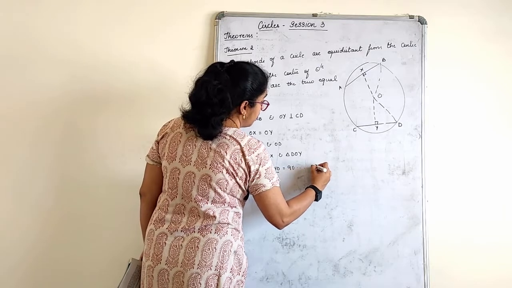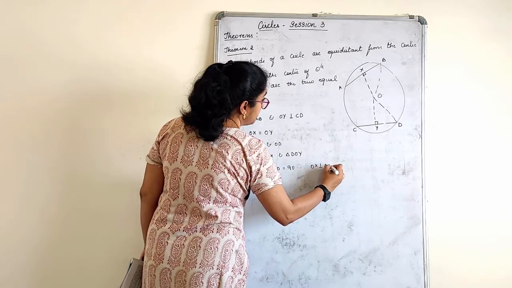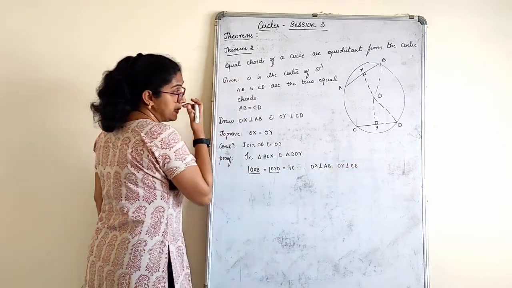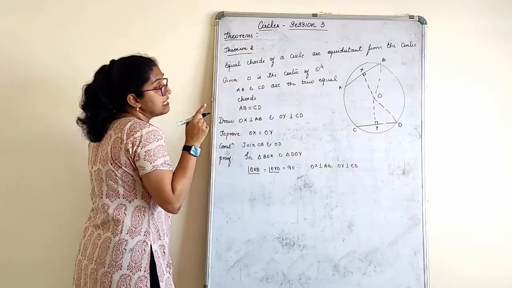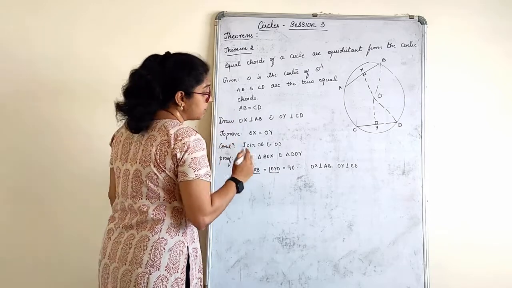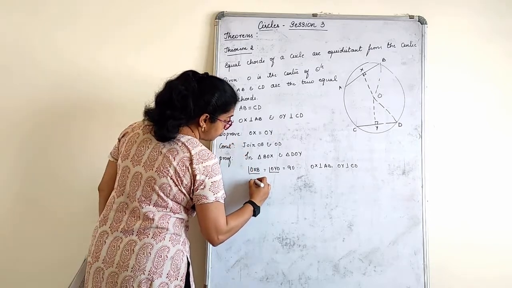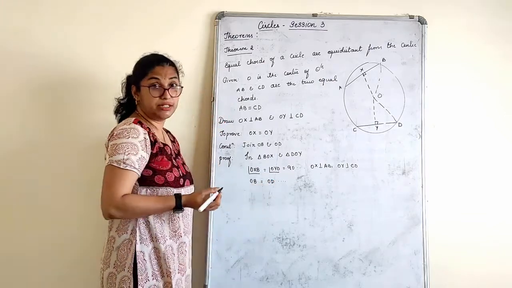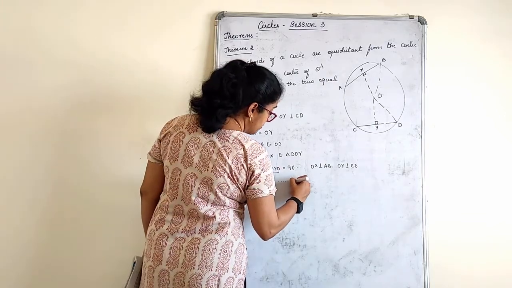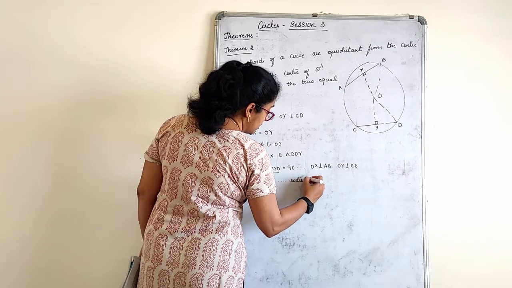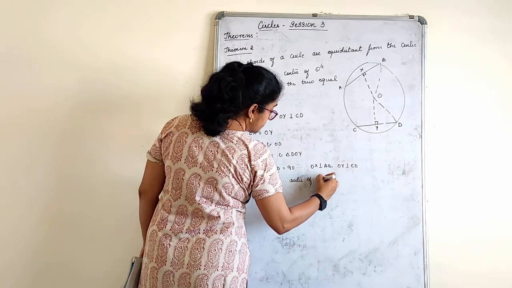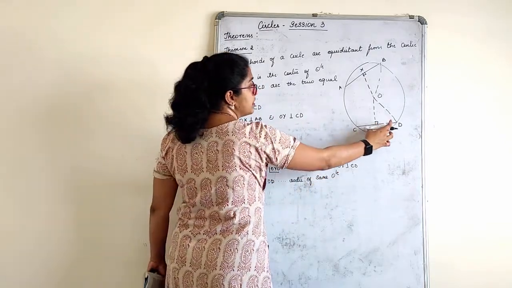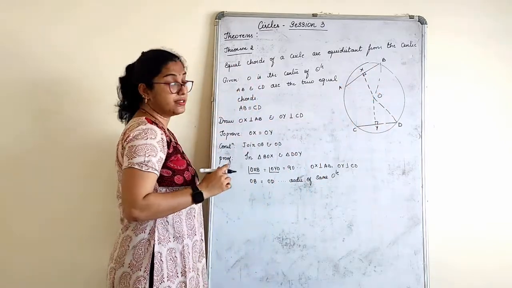That's because OX is perpendicular to AB and OY is perpendicular to CD. 90 degrees over. Then can I tell OB is equal to OD? They are hypotenuse. We know that. Also they are radii of the same circle. Then CD is equal to AB, right?